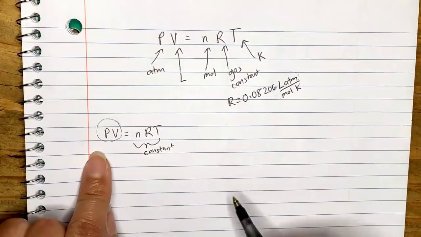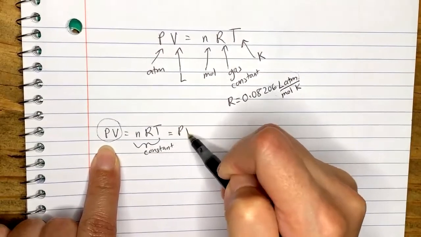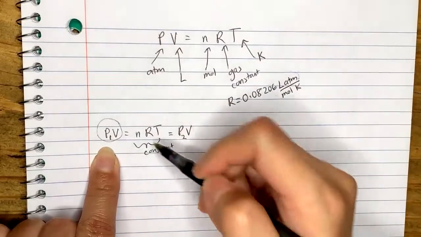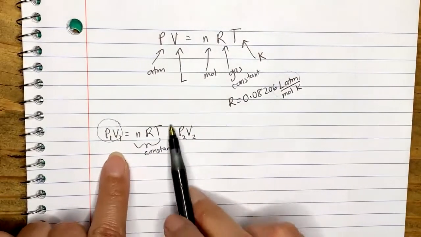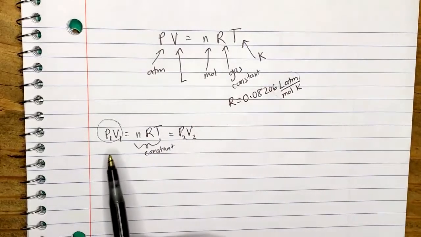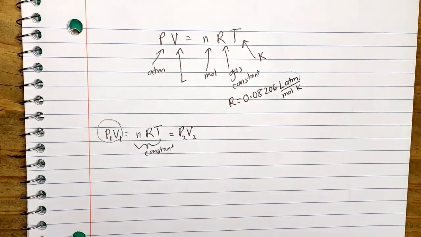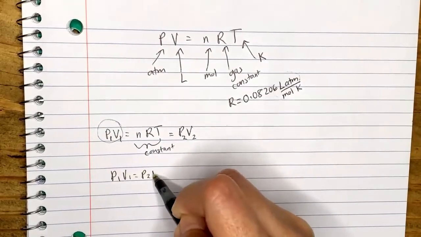Whenever you have pressure 1, pressure 2, volume 1, volume 2, they will always come back to the same value. So it's based off of this equation here. You just put the things that are changing on one side, the things that are not changing on the other side. So that's how you get P1 V1 equals P2 V2.